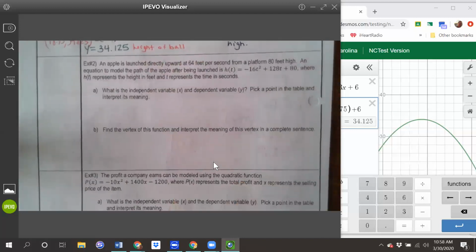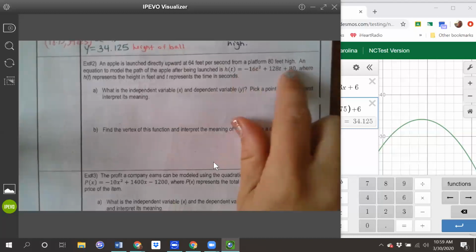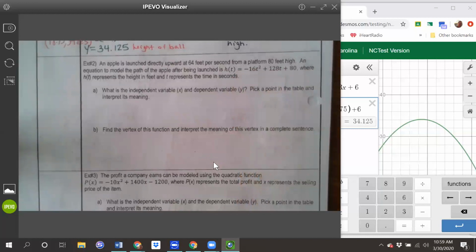All right, let's take a look at number 2. An apple is launched directly upward at 64 feet per second from a platform that is 80 feet high. An equation to model the path of the apple after being launched is this, where h of t represents the height in feet and t represents the time in seconds.